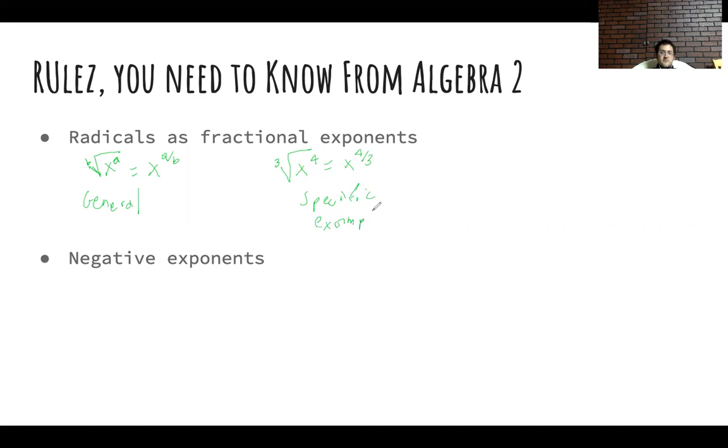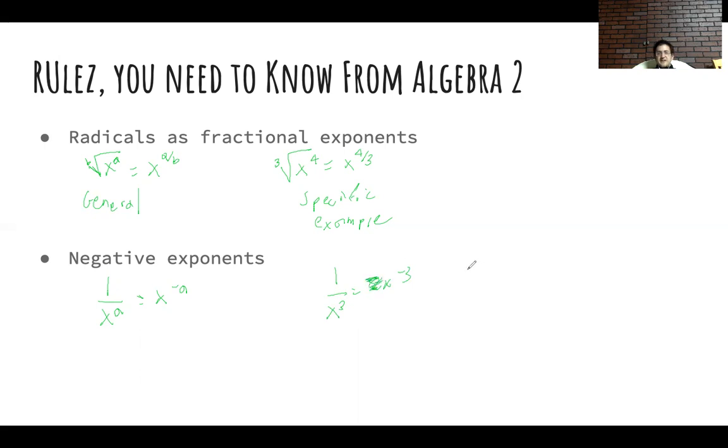And likewise with negative exponents. If I have 1 over x to the a, this is equal to x to the negative a. As a specific example, 1 over x cubed would be x to the negative 3rd.